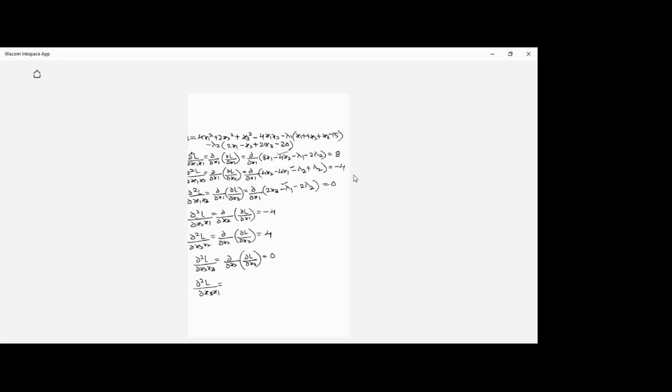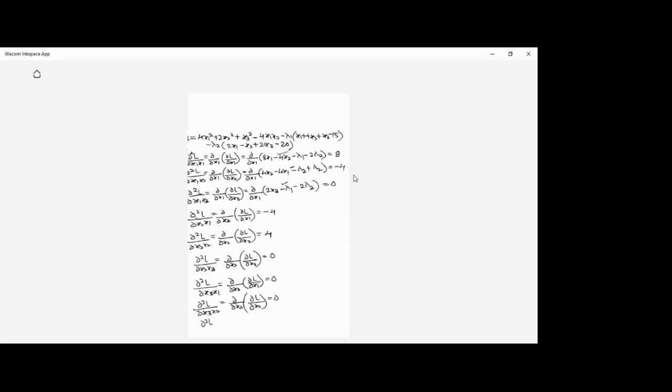can be given as ∂/∂x3 of ∂L/∂x1, and this value will come out to be 0. Similarly, ∂²L/∂x3∂x2 will be ∂/∂x3 of ∂L/∂x2, and this will come out to be 0 again.